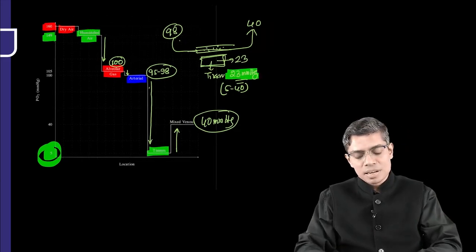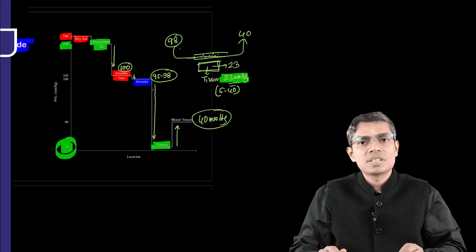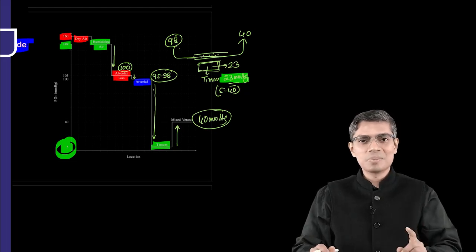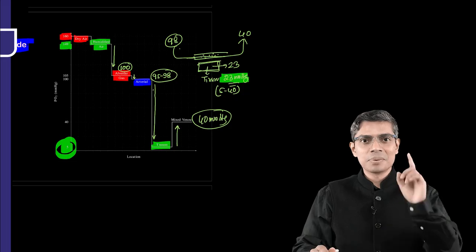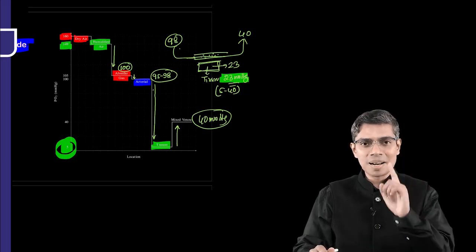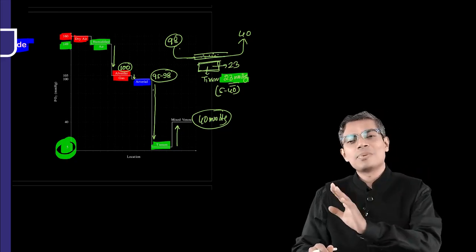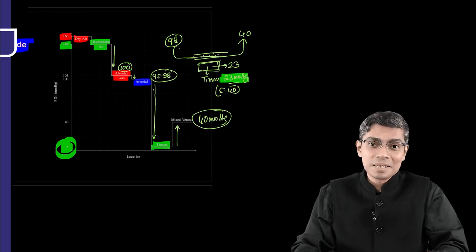This is the phenomenon you have to remember, known as the oxygen cascade, right? So what you are going to remember? You must remember these numbers: 160, 150, 100, 98, then 23 at the level of tissue, and 40 at the level of venous blood.